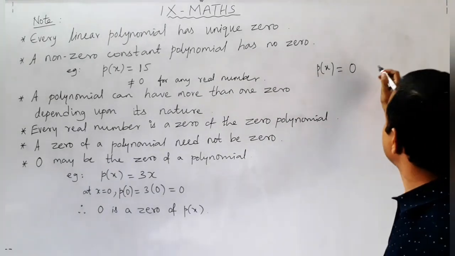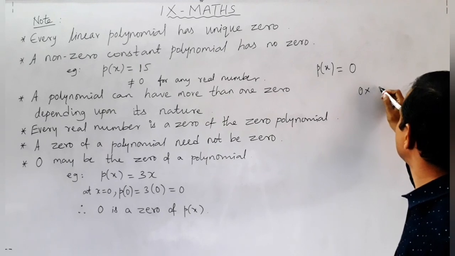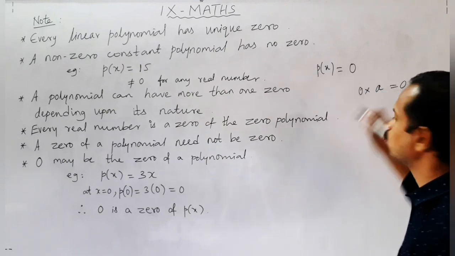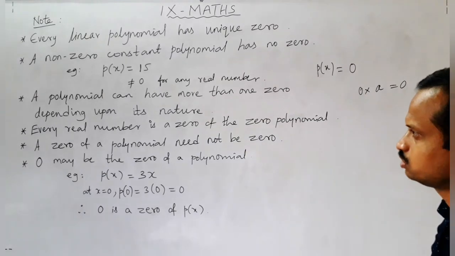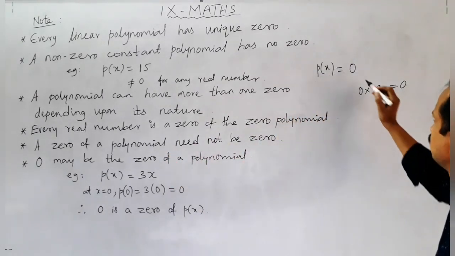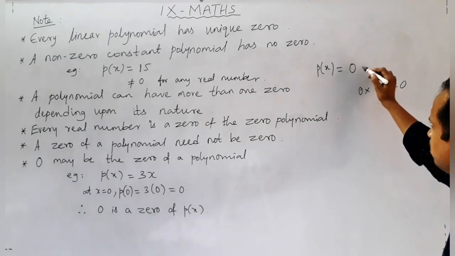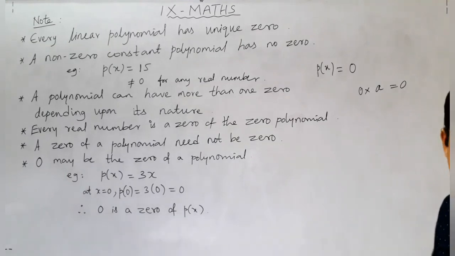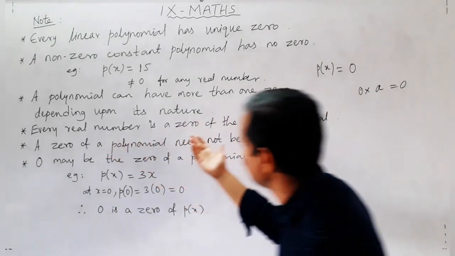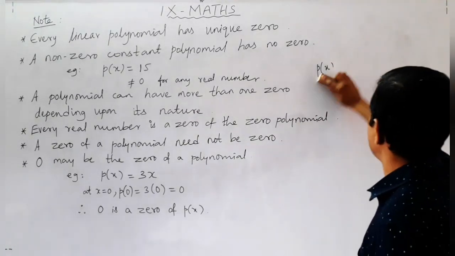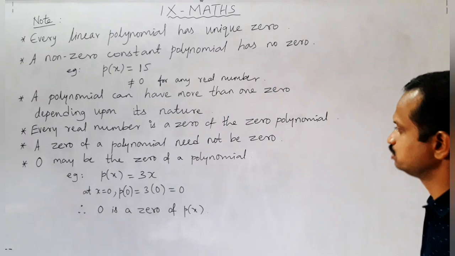If you multiply 0 with any real number, suppose a is any real number, then we get 0 only. Therefore, we can say every real number is a zero of the zero polynomial, because if you multiply with any real number, the value becomes 0 only. 0 into anything is 0. So we can say every real number is a zero of the zero polynomial. Clear?